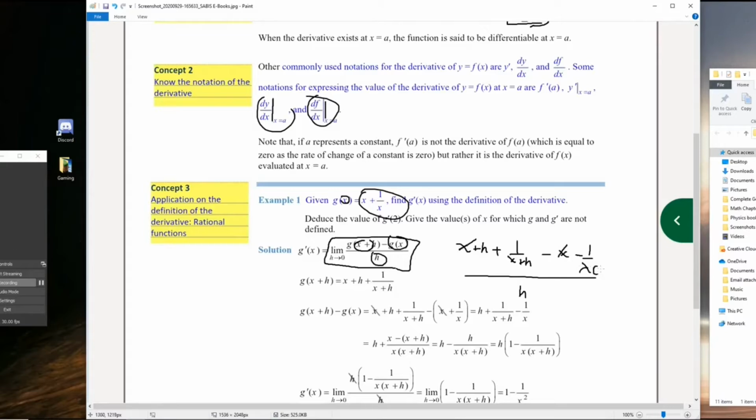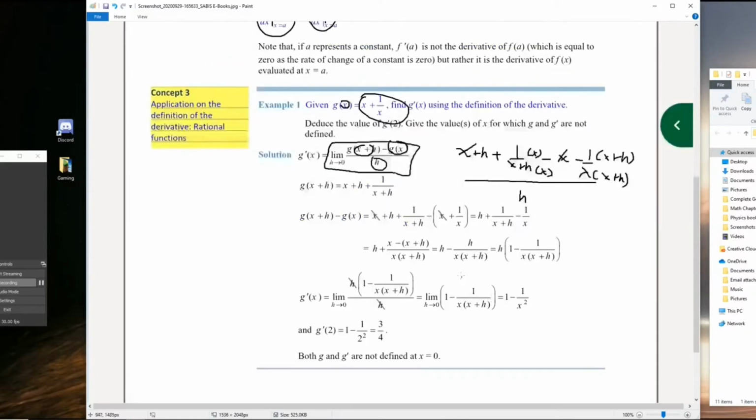I want to multiply by a common denominator that makes these two common. That would make this x and this x plus h, but for that to work I must do the same so that it cancels out by 1, so that I didn't change the given. So you're left with h plus x minus x plus h over x plus h times x.